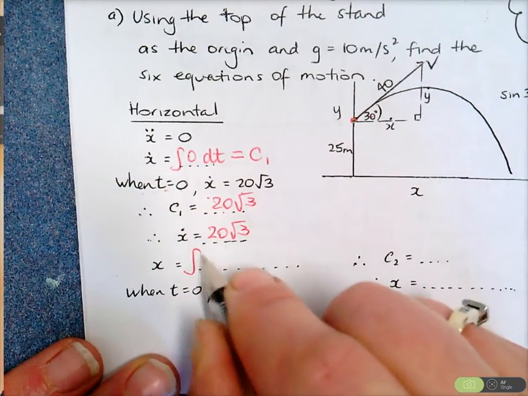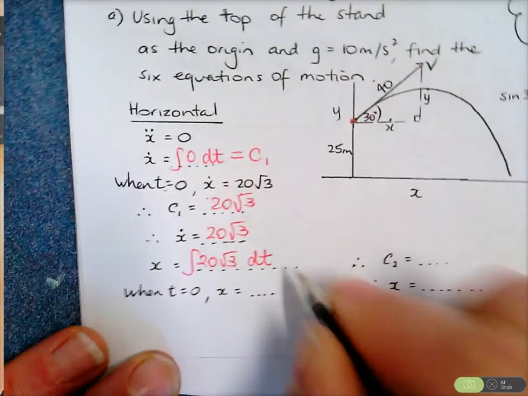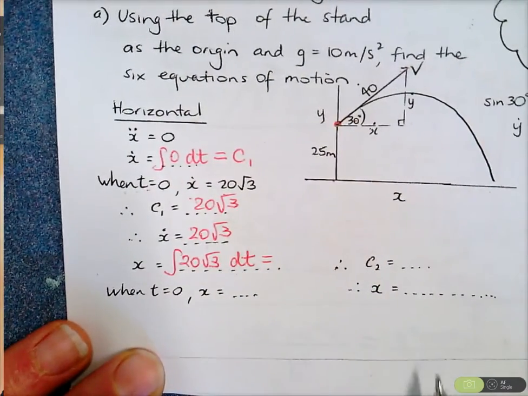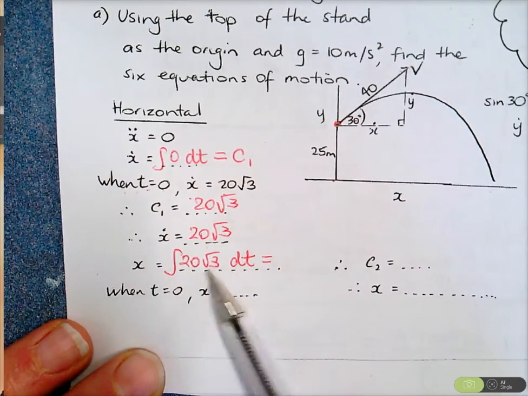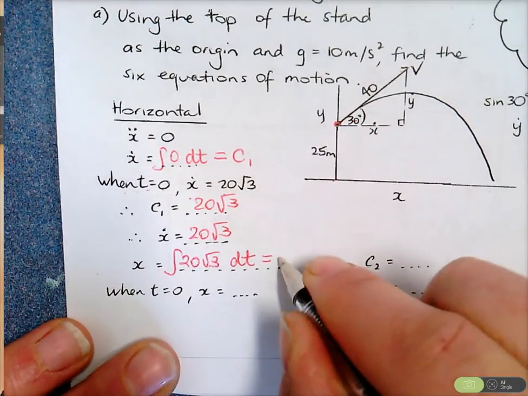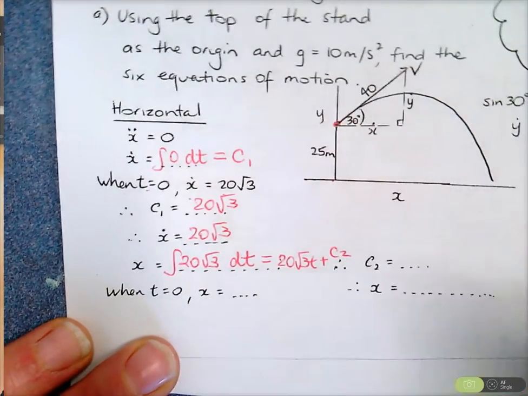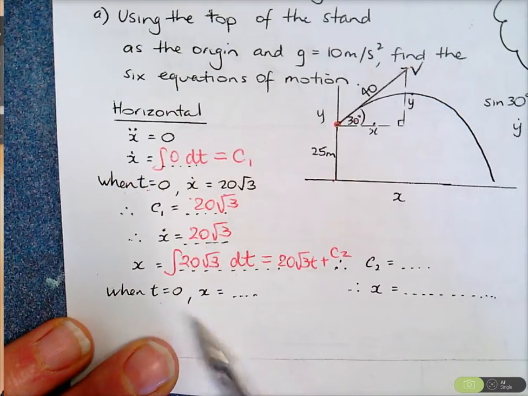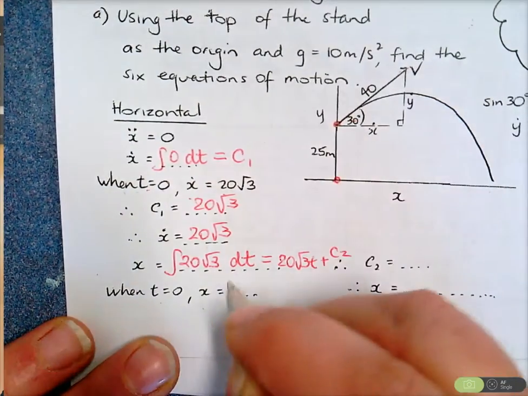Remember, x is the integral of 20 root 3 dt, which is 20 root 3t plus c2. So when time is 0, x is 0.